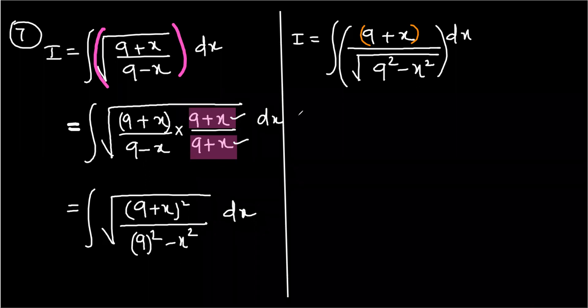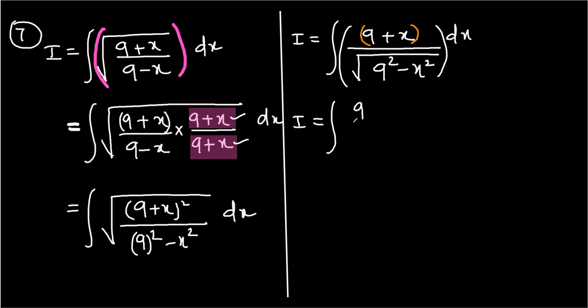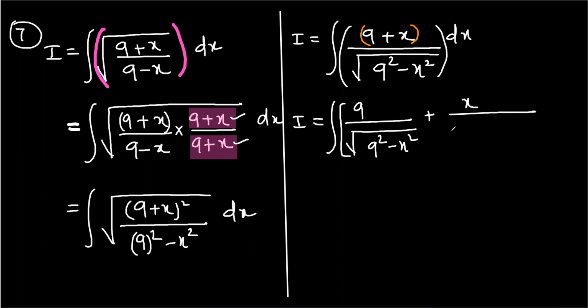So see, the next step I do is I now split the denominator. So this gets me 9 over square root of 9 square minus x square plus x over square root of 9 square minus x square dx. Then next I will write separate integrals.